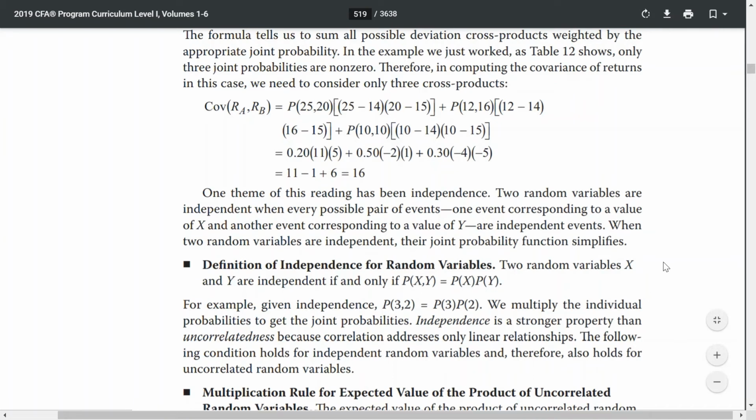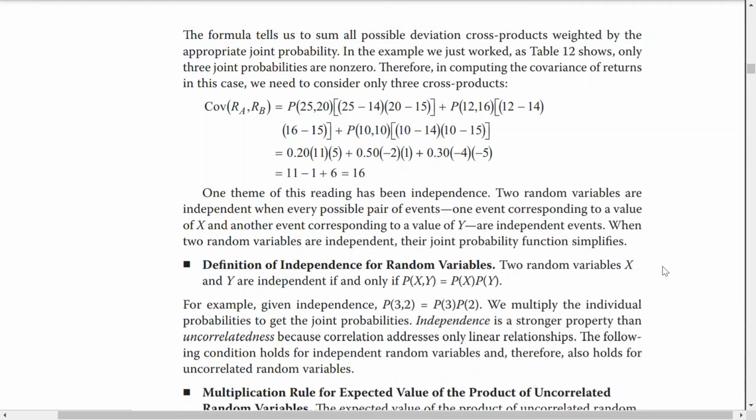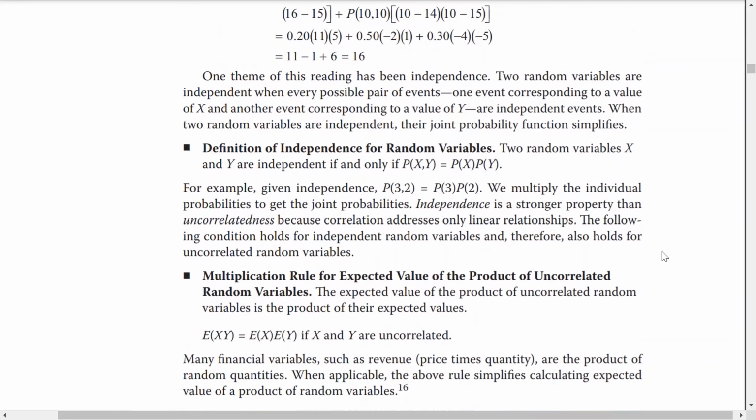Definition of independence for random variables: two random variables X and Y are independent if and only if probability of XY equals probability of X multiplied by probability of Y. For example, given independence, probability of 3 and 2 is equal to probability of 3 multiplied by probability of 2.